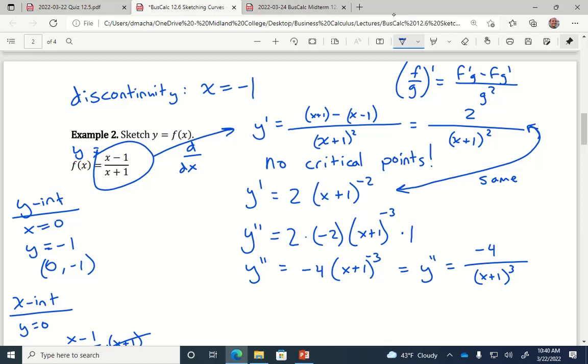So notice, now my second derivative can also never ever be 0. And if the second derivative is never 0, that also means that there's no inflection points either. There's no place in this graph where you're going to go from concave down to concave up where your function is defined.